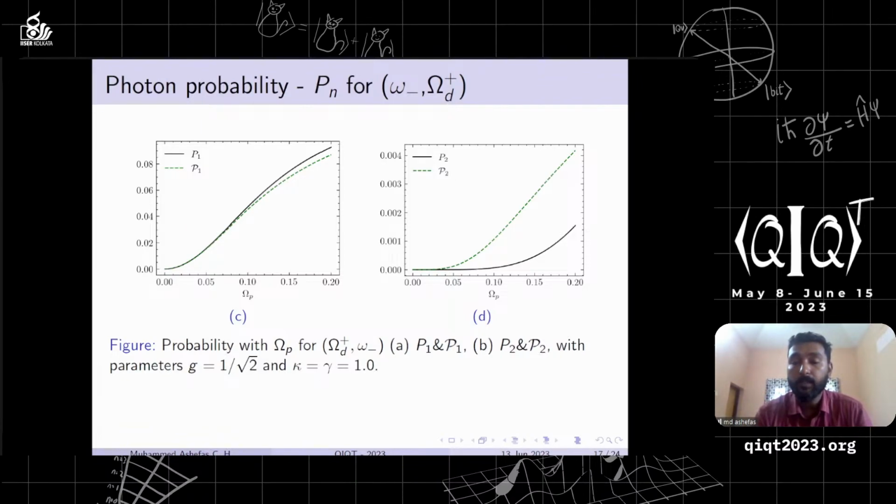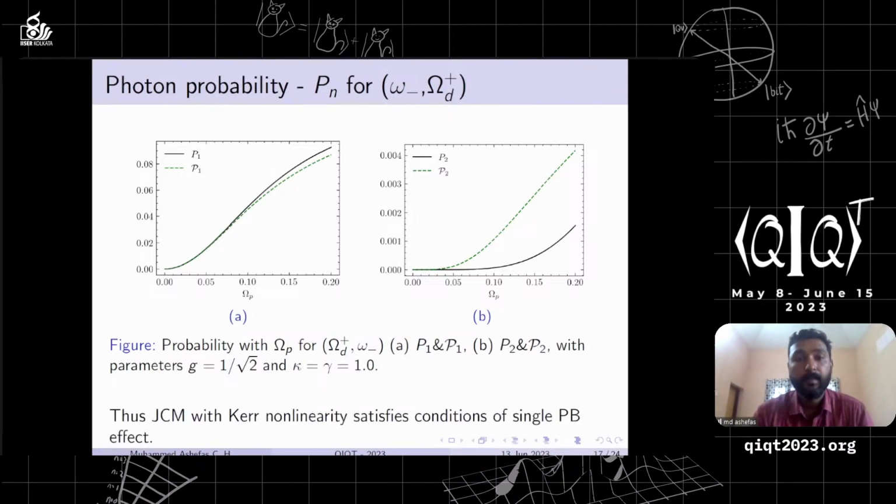And the probability corresponding to a higher number of photons, P2, is less than the Poisson distribution corresponding to 2 photons, etc. So with these two graphs, we can conclude this system achieves the photon blockade condition in all regimes, both the strong and weak coupling regimes of the Jaynes-Cummings model.